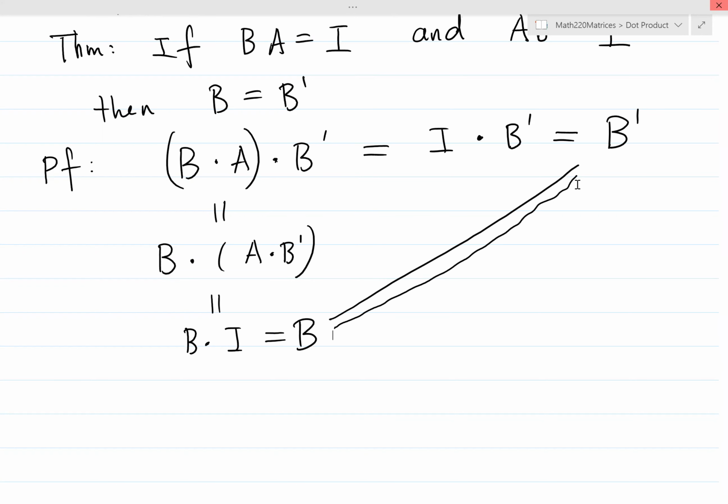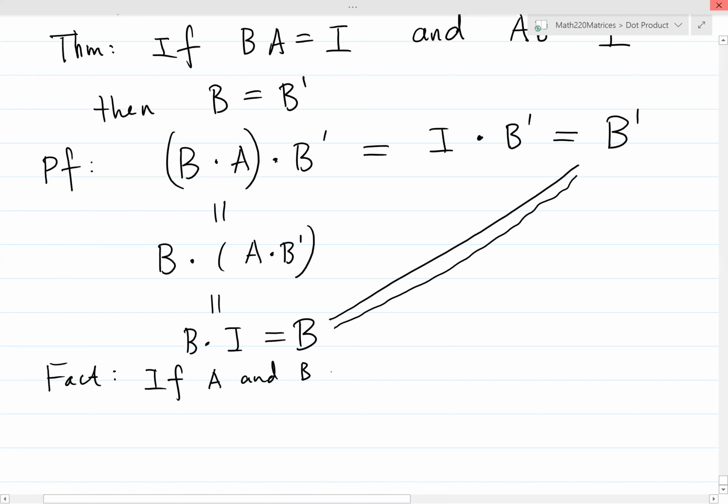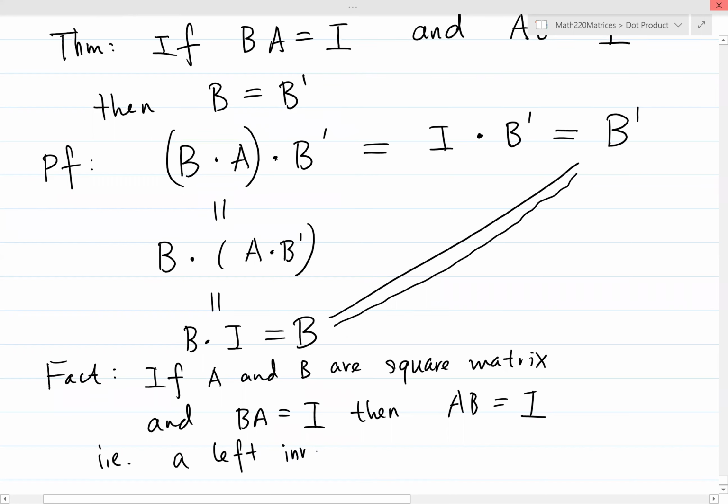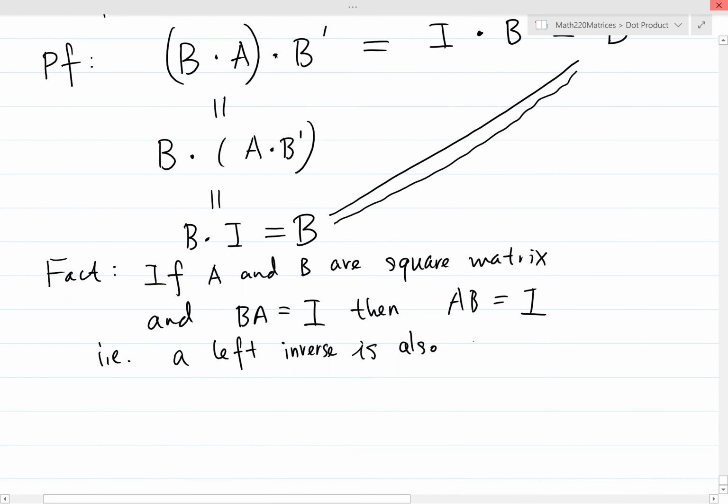Later, we will see a fact: if A and B are square matrices and B A equals I, then A B is also equal to I. That is, a left inverse is also a right inverse.